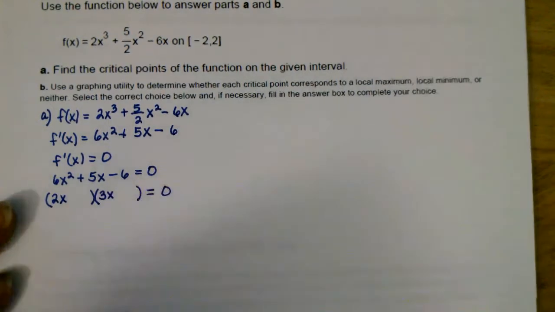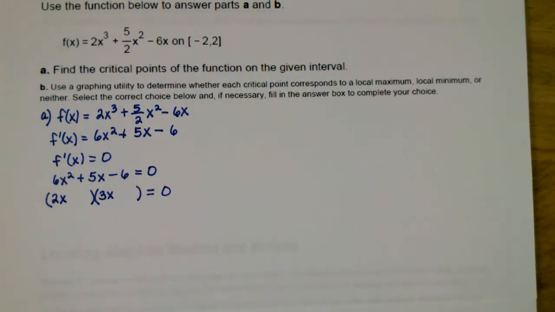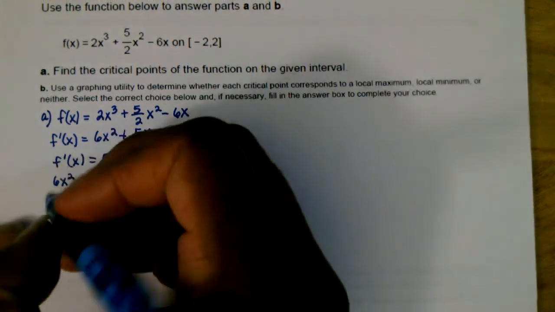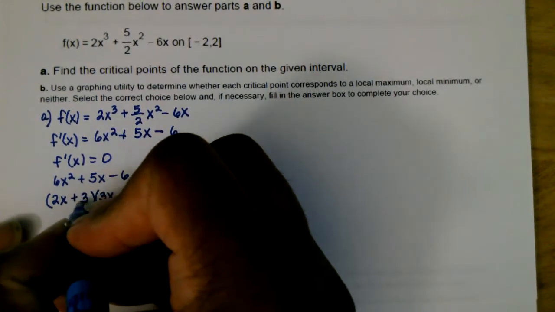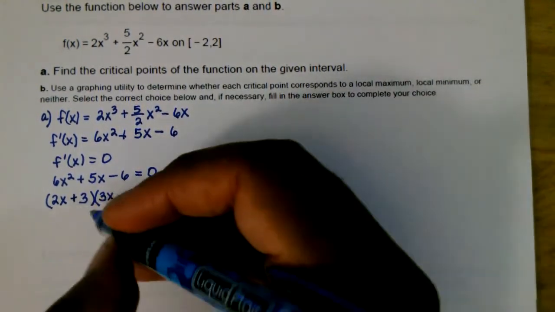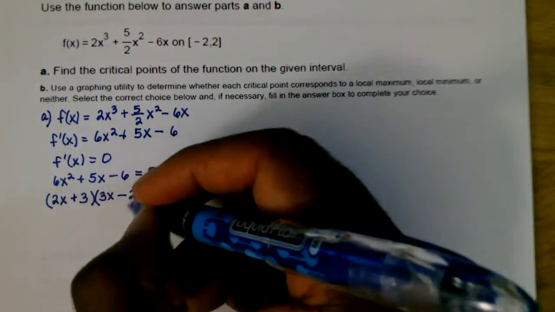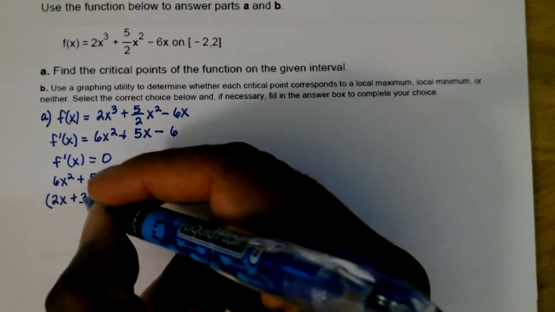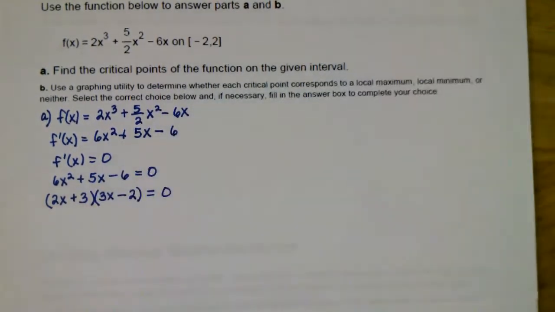And here I'm using trial and error. And then the factors are -6, I'm going to use 3 and 2. So I have to make one negative and the other one be positive. So that means the 3 has to be plus and the 2 has to be minus. And I have to do that in a way so that the outer, which is -4x, and the inner, which is 9x, adds up to 5x as the middle term.